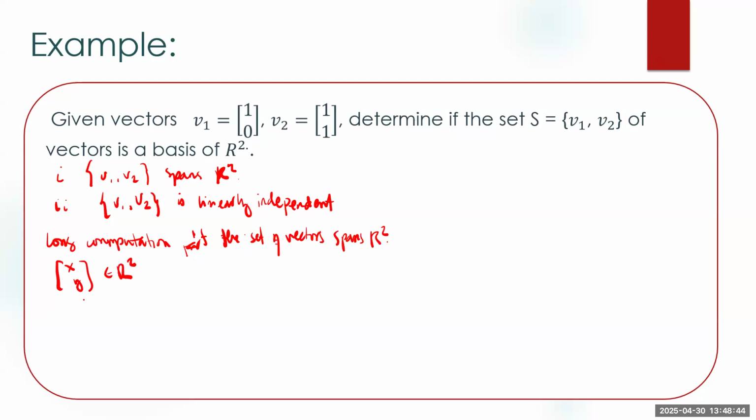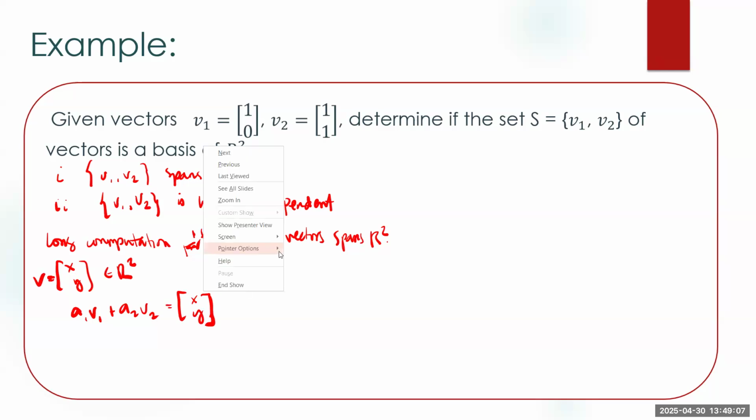So to determine that, we are going to do the linear combination a1 v1 plus a2 v2, equal to this x, y.